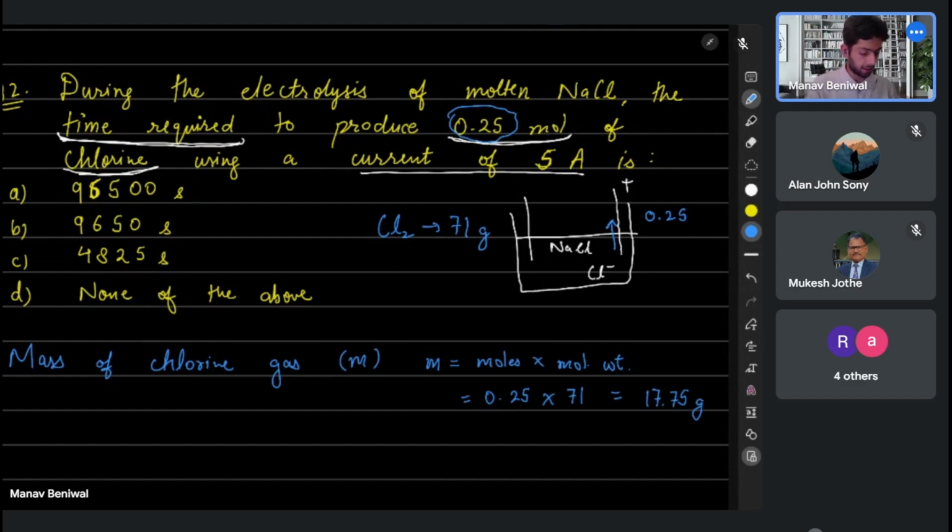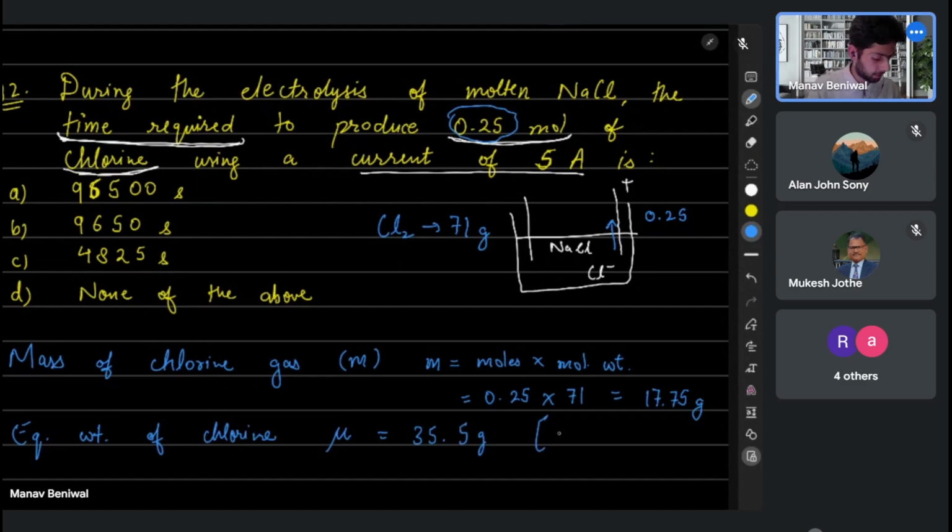Now let us write the equivalent weight of chlorine. Let's say we denote this by mu. So this will be 35.5 grams. Why?